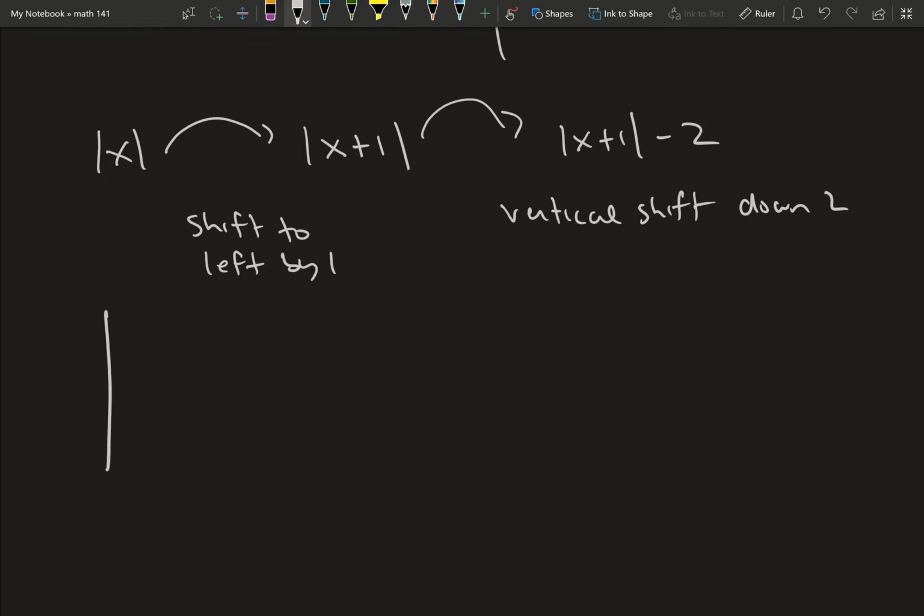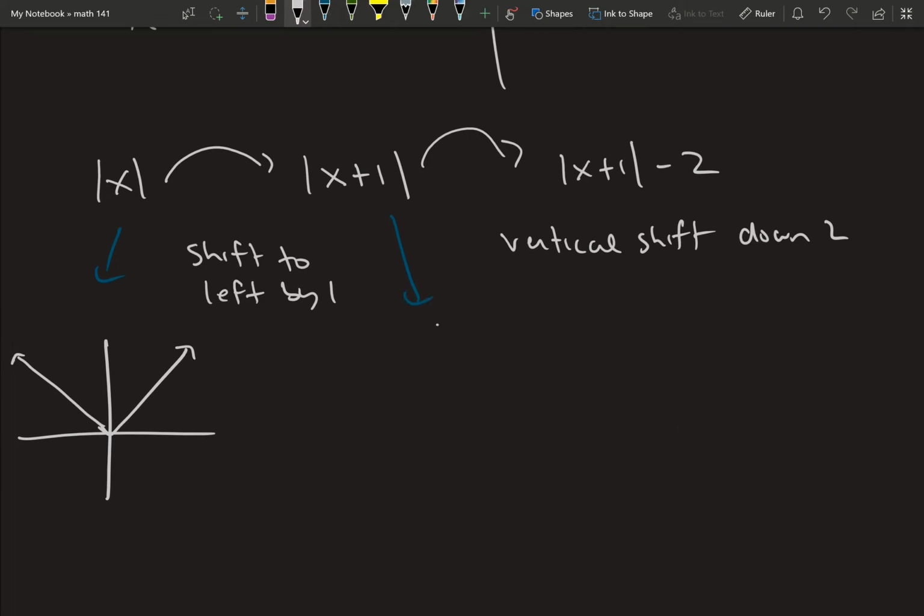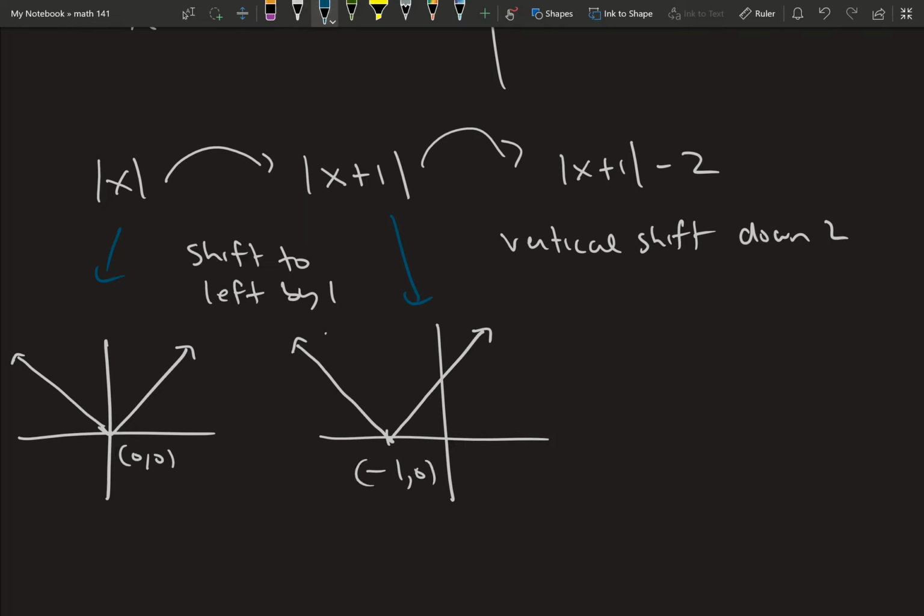So we can do this stage by stage if you'd like. The original graph of absolute value of x is this V shape. And so this is this guy. Then we shift by 1 to the left. So negative 1. And the final graph then is shifted down. So here's the point 0, 0. Here's the point negative 1, 0. And then the last graph, which is our final function, is going to be shifting down by 2.